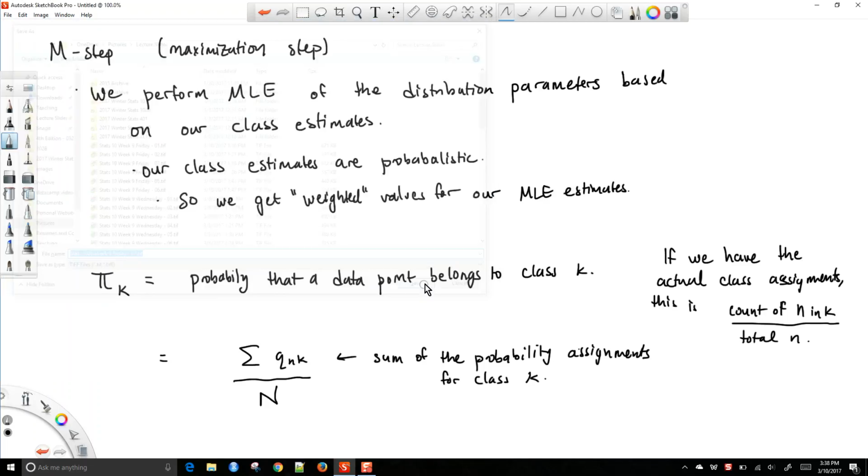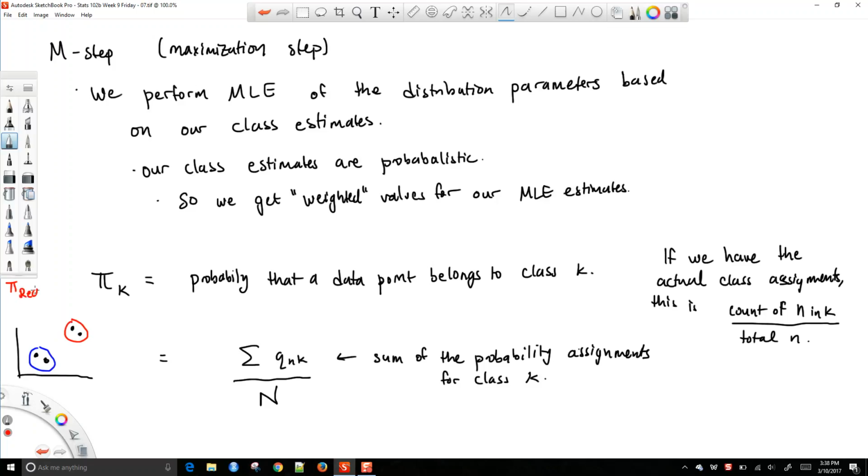So what this might look like is, let's say I have 4 data points, just to keep it really simple. In reality, my pi sub red would be 0.5, and my pi sub blue is 0.5. This would be if we know the actual assignments.